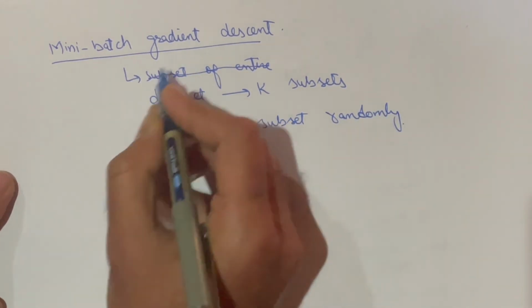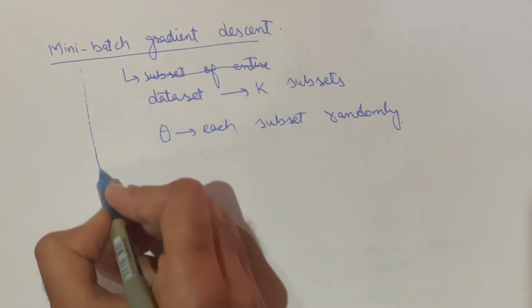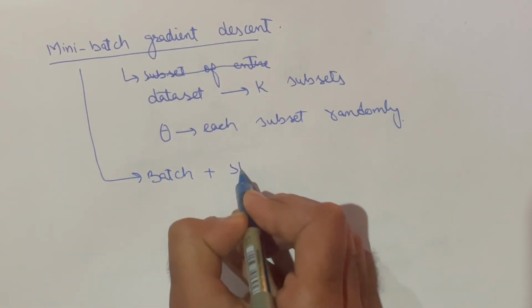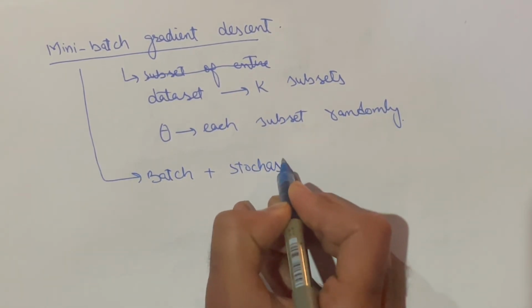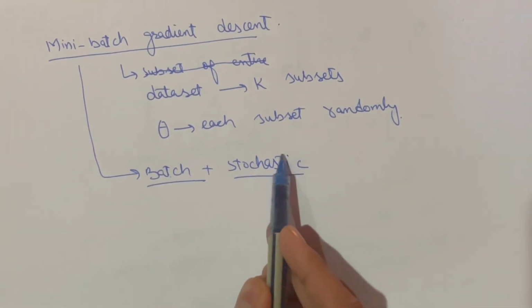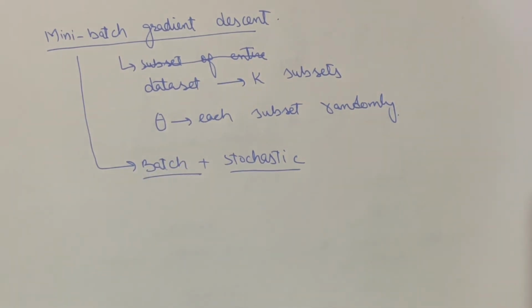That is mini batch gradient descent, the combination of batch and stochastic. I will show examples in Python of how we can do stochastic and batch gradient descent.